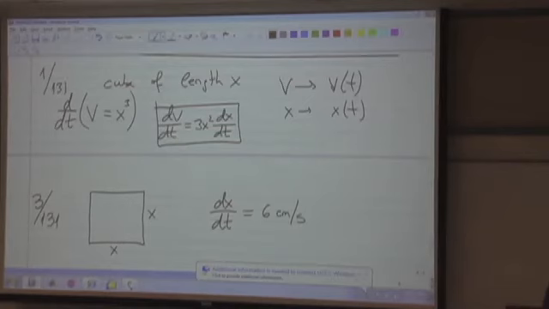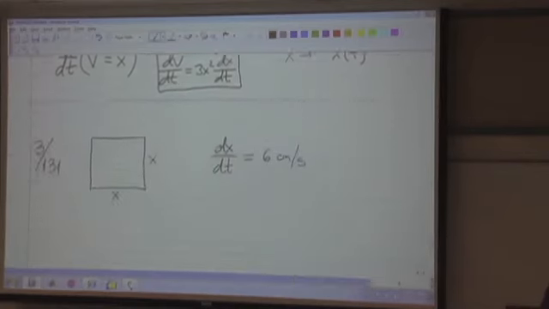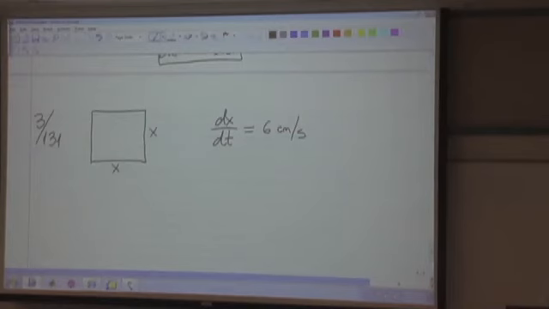Does that make sense? Okay, next statement. At what rate is the area of the square increasing? So what are we looking for? dA over dt. Does that make sense? Yes? Okay. When the area of the square is 16 centimeters squared.